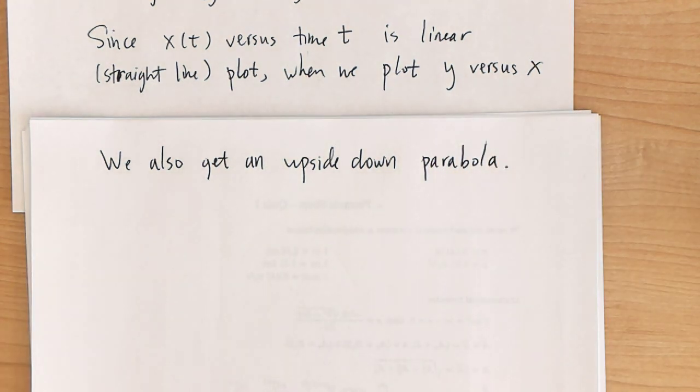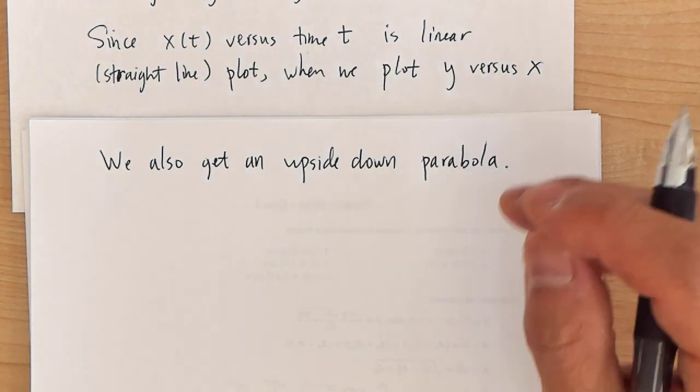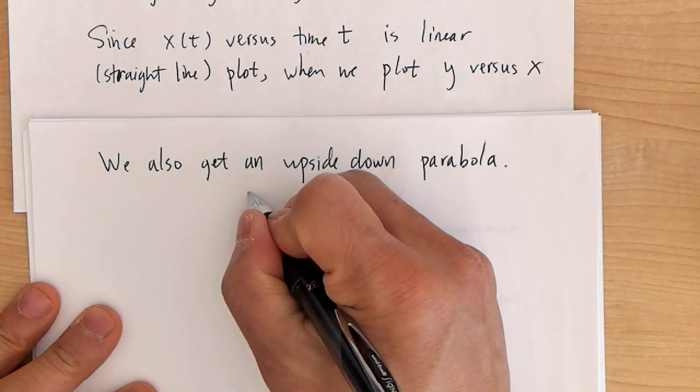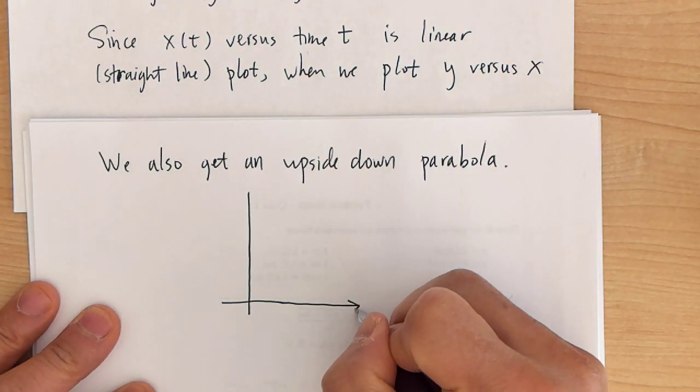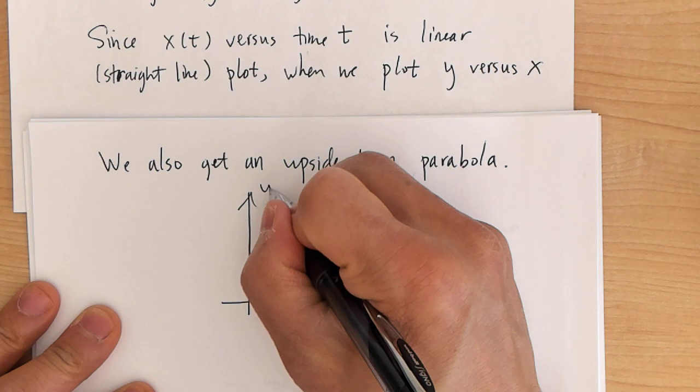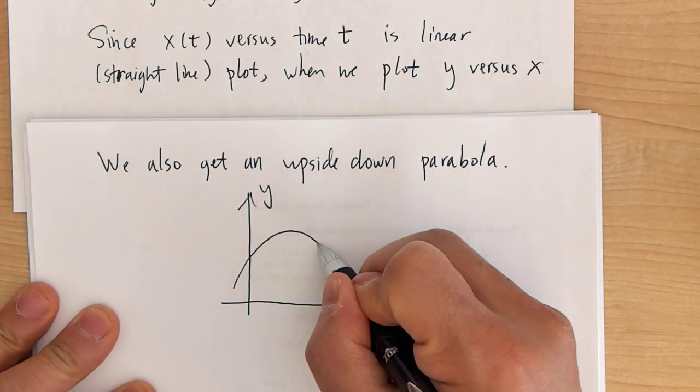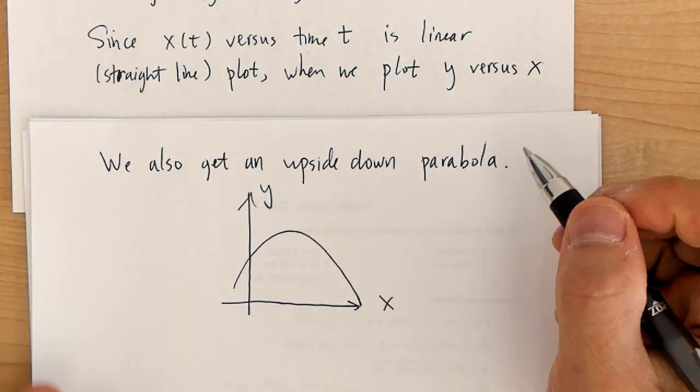Let me make a plot. So if I have y versus x, it also looks like this, an upside down parabola.